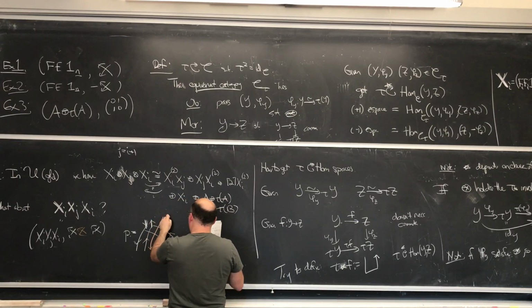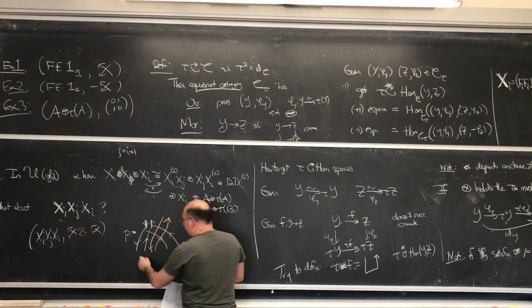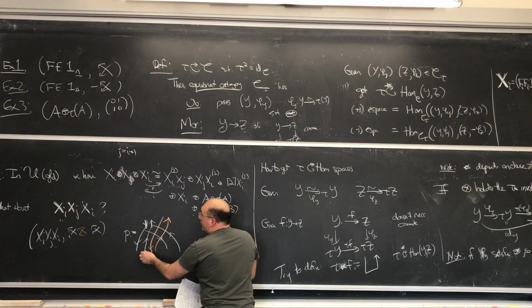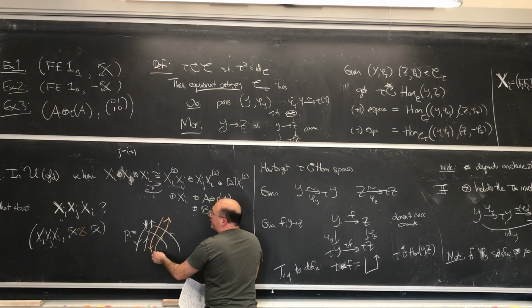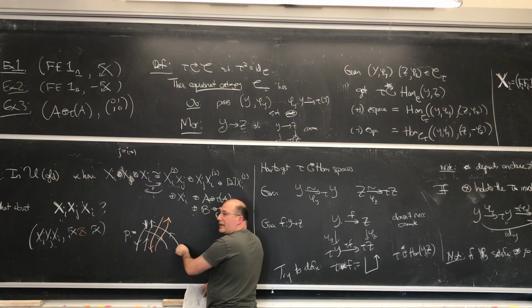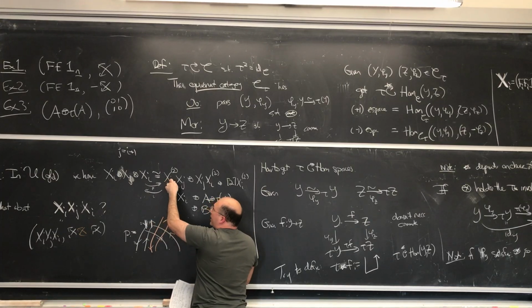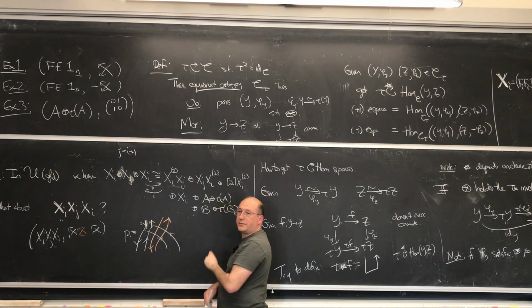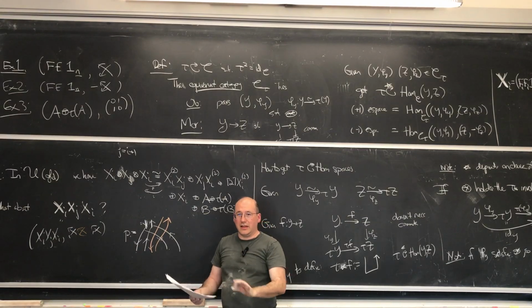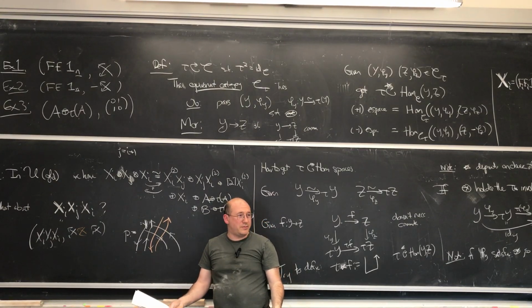This is a map from down up, which is X_i, down up in a different color, that's X_j, down up, that's X_i, to X_i divided by 2 and then X_j. That's a particular morphism in the category.